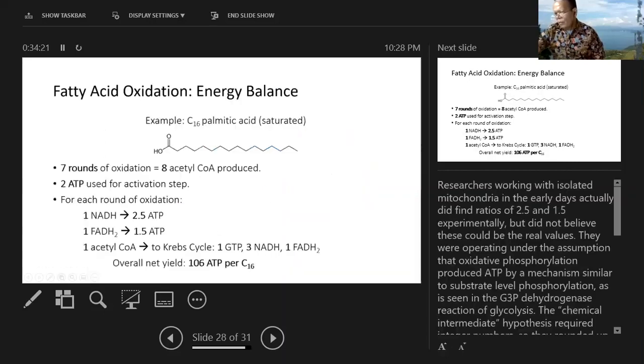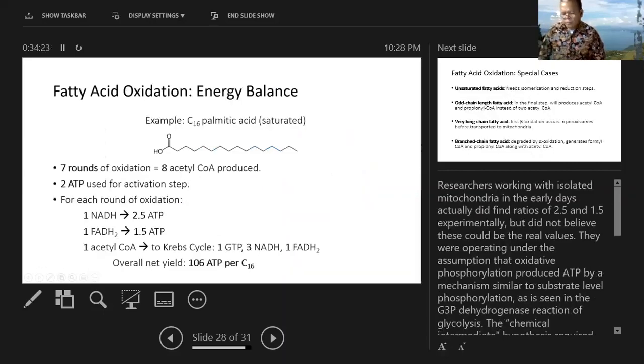Let's move to this one. Researchers working with isolated mitochondria in the early days actually did find ratios of 2.5 and 1.5 experimentally, but did not believe this could be the real number.